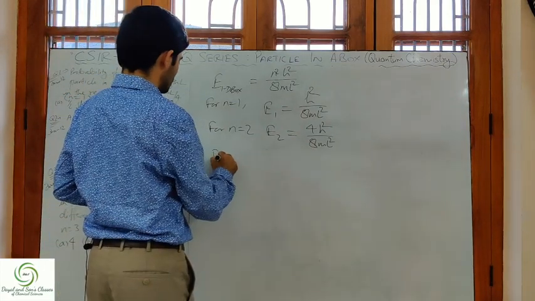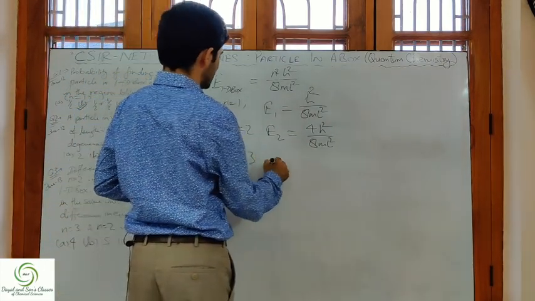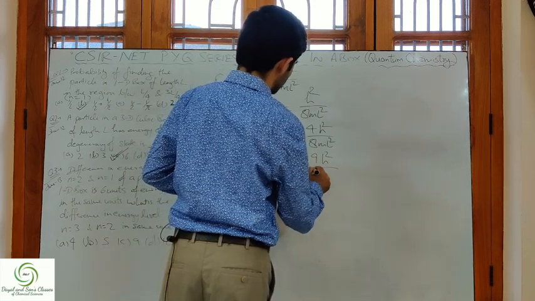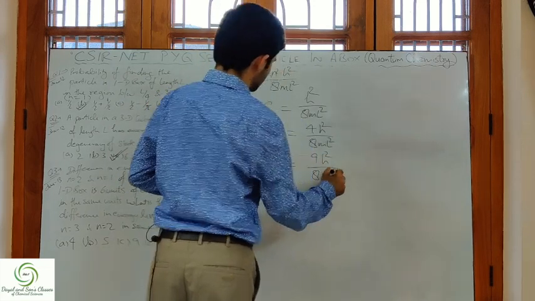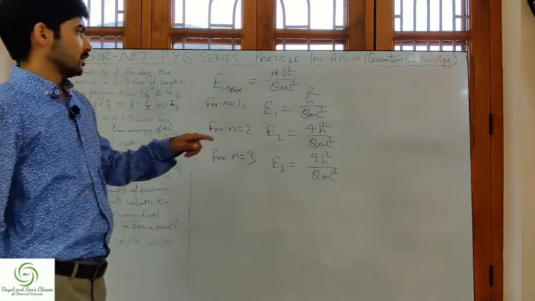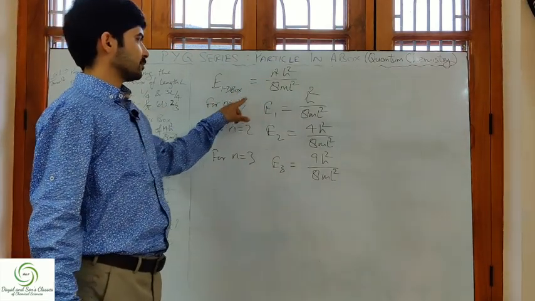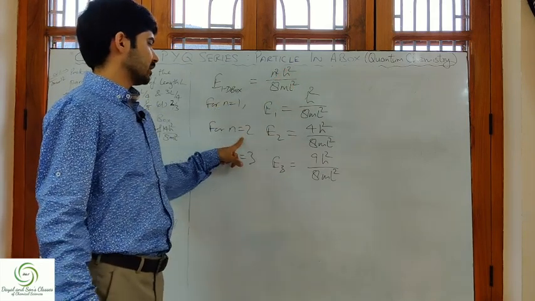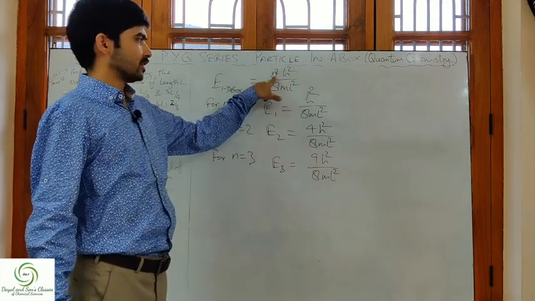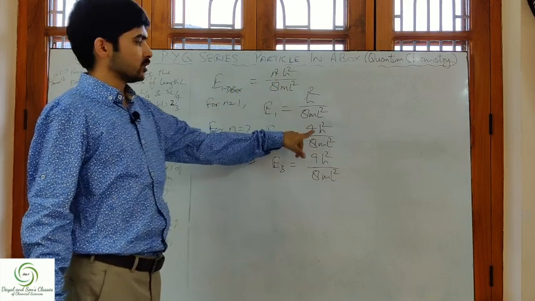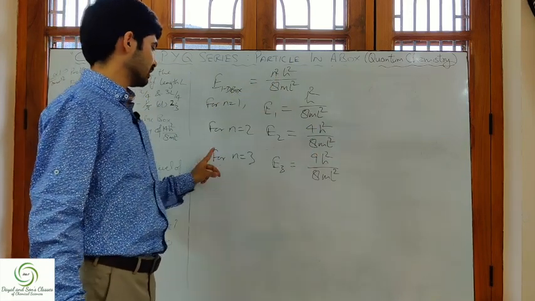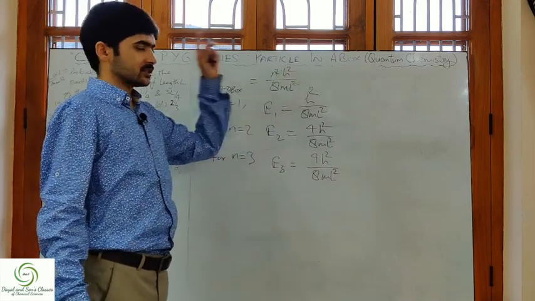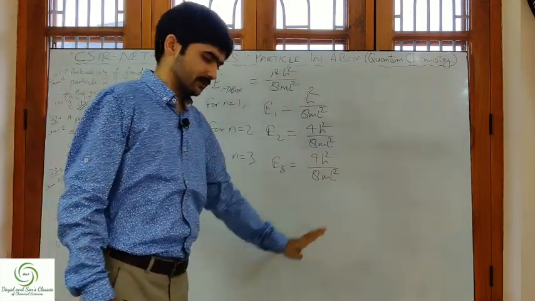And for n equal to 3, E3 will be equal to 9h square upon 8 m L square, right? When you put n equal to 1, 1 square is 1, which gives h square. For n equal to 2, 2 square is 4, so 4h square upon 8 m L square. For n equal to 3, 3 square is 9, so 9h square upon 8 m L square.